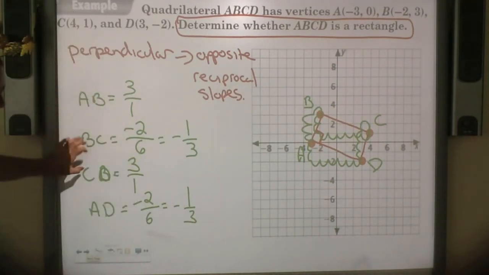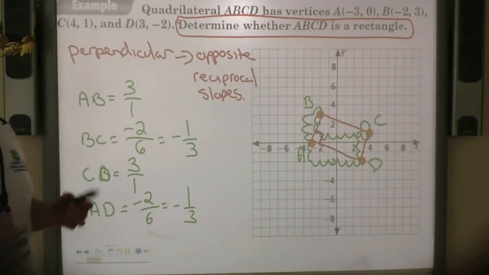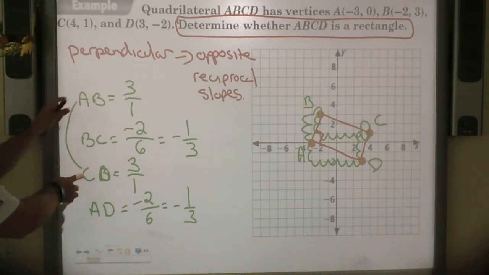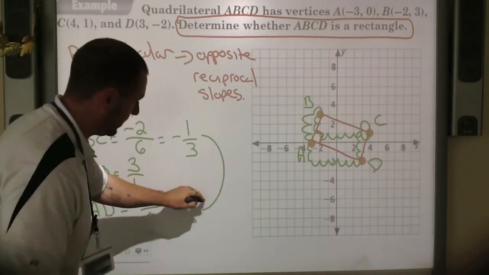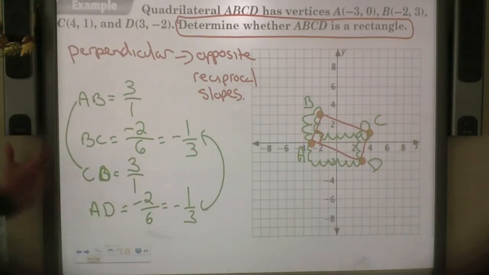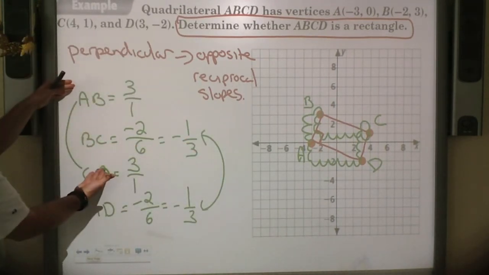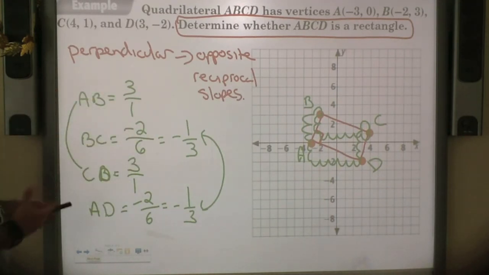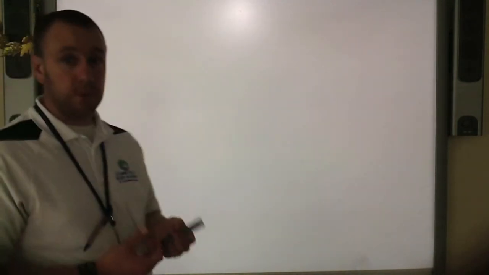So each consecutive line is perpendicular, and every other one is parallel because they have the same slope, if you remember. Parallel meaning same slopes, perpendicular meaning opposite reciprocals. And that is how you prove something is a rectangle. So now, please complete the notes and come in with any questions you have.